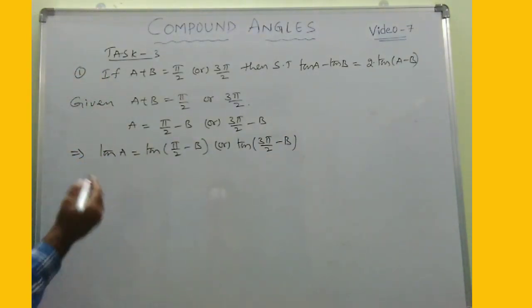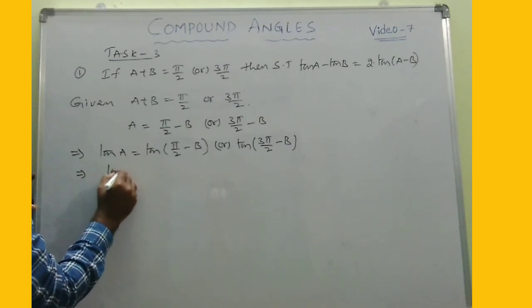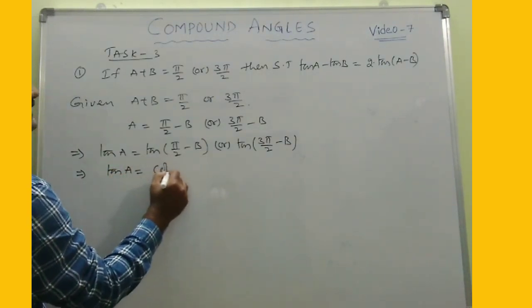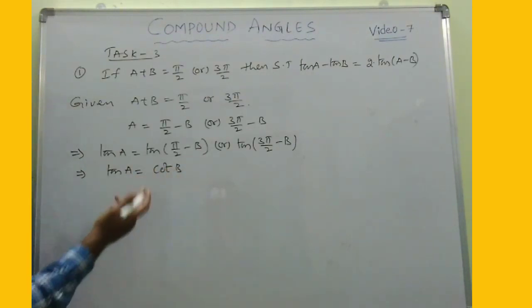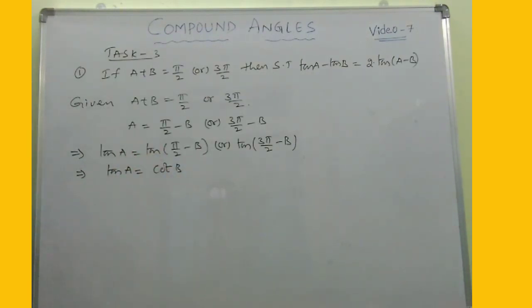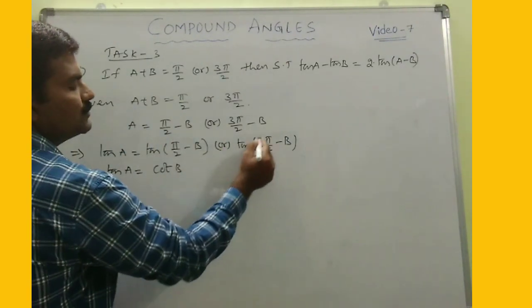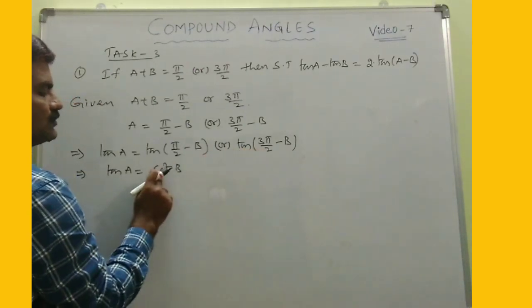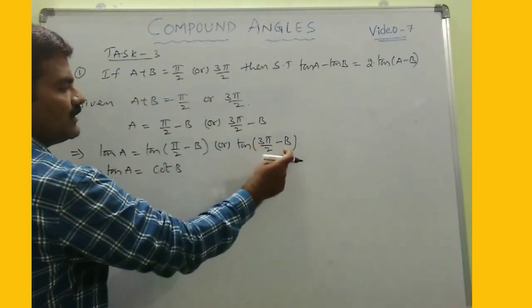Okay, ma? So, you know, this is tan a is equals to, because of 90 tan changes into cot, and moreover 90 minus theta is first quadrant, so all are positive. Even if you come into this part also, because of 270 tan changes into cot, I mean cot b.